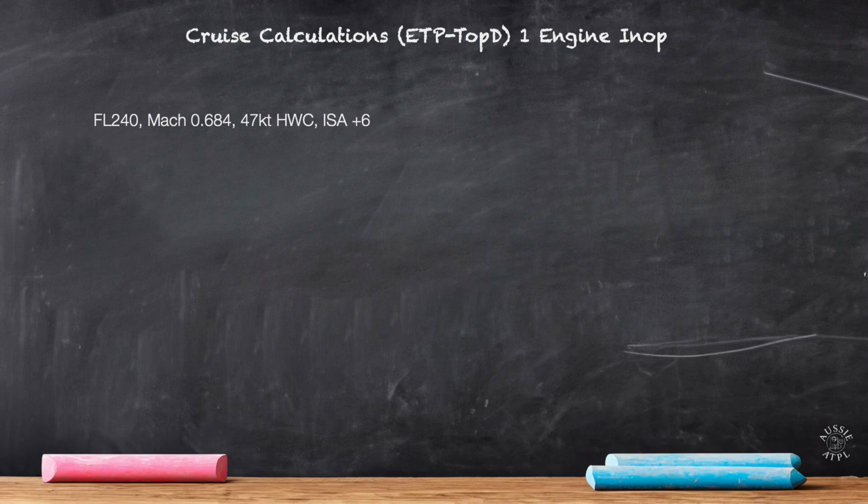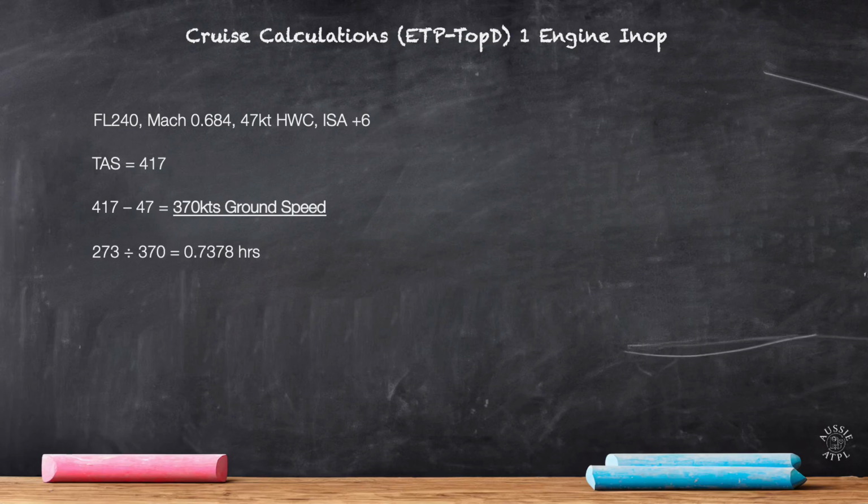So if you enter that into your whiz wheel or the speed of sound formula, which I recommend the speed of sound formula if you can figure that out, that'll give you a TAS of 417 knots. Obviously take away the headwind component, gives you a ground speed of 370 knots. Take our total distance, divide that by our ground speed, and it will give us a time in hours that it will take us to cover the distance that we need.